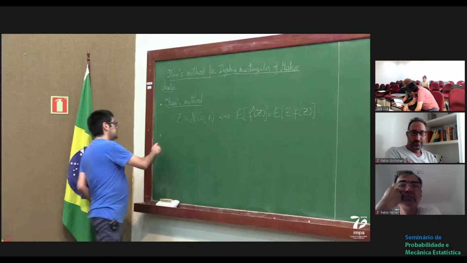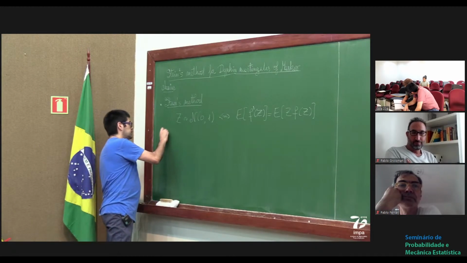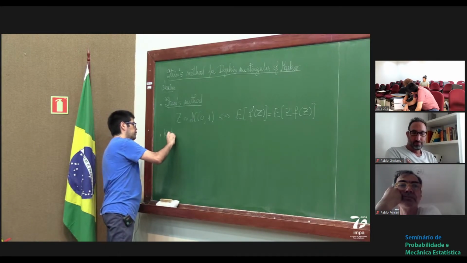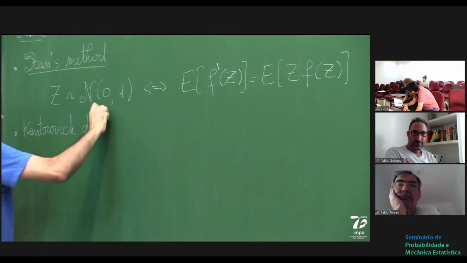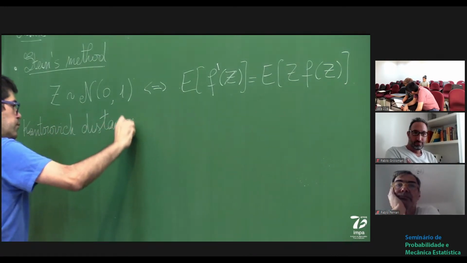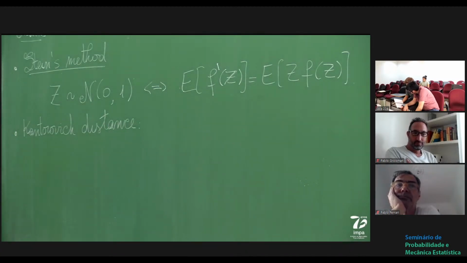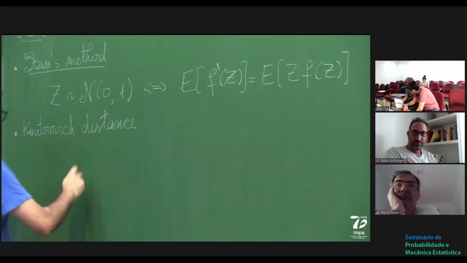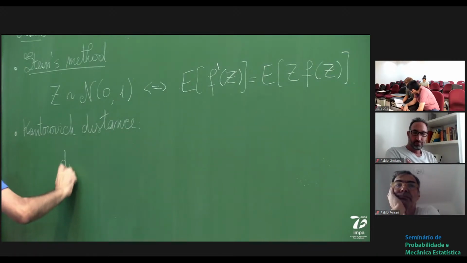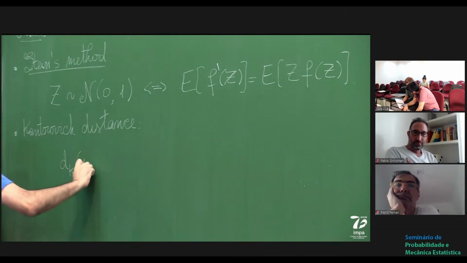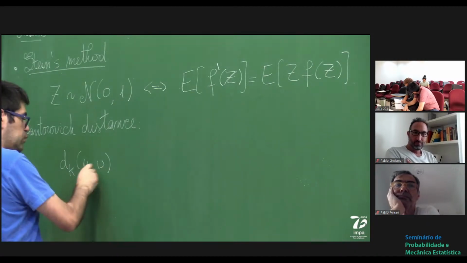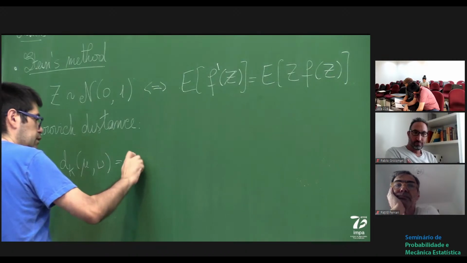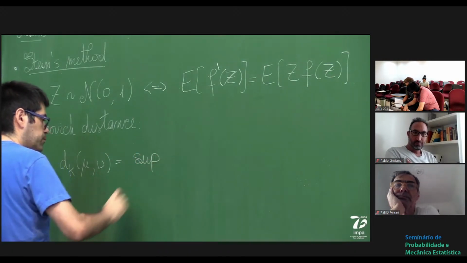Okay, so let me just remind you what the Kantorovich distance is. If you take two probability measures mu and nu, the Kantorovich distance between mu and nu is given by the following supremum.